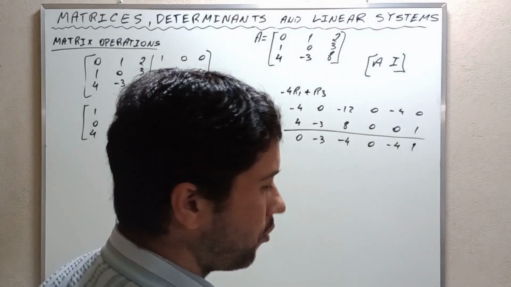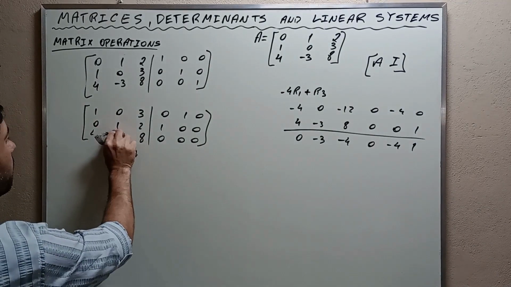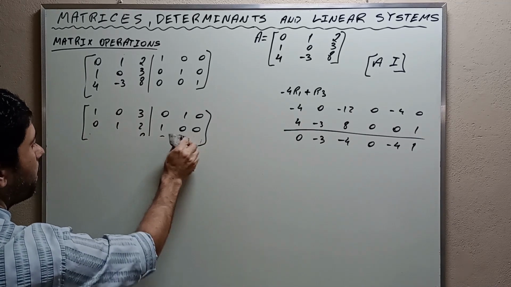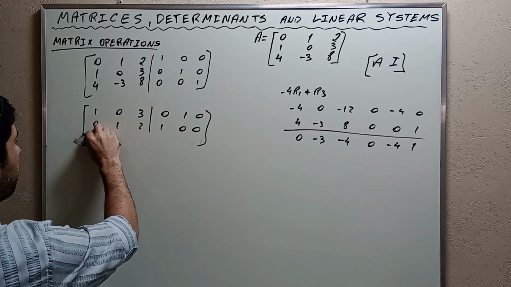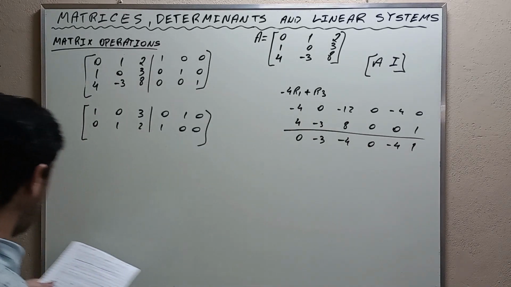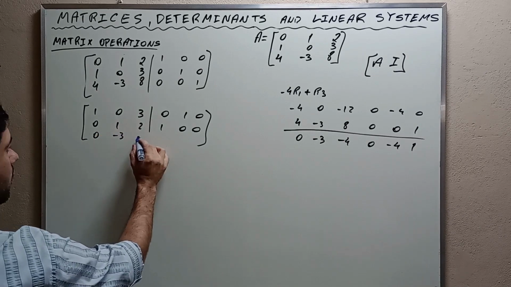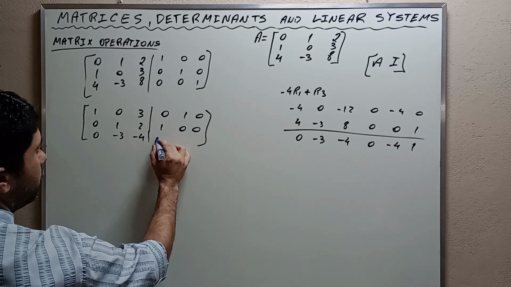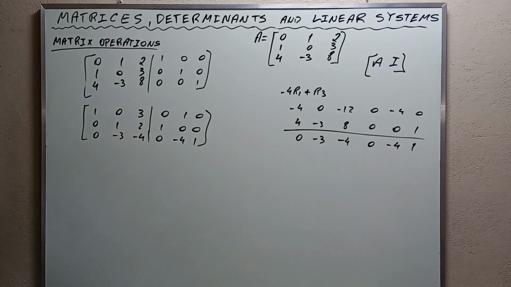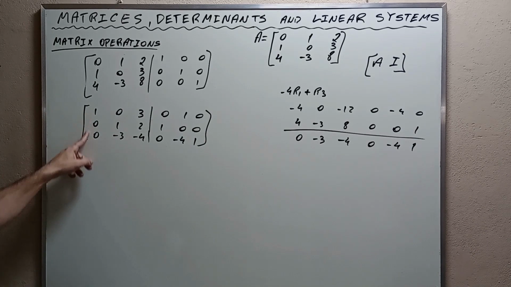In the place of row 3, we put the new row 3. It's 0, -3, -4, 0, -4, and 1. Okay, can you see the identity matrix appearing here?